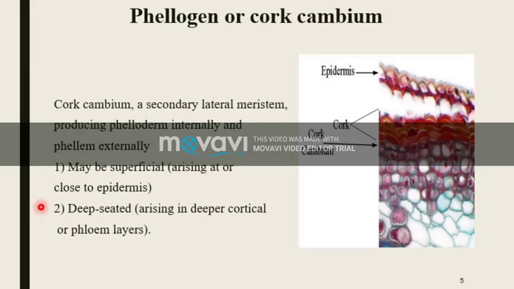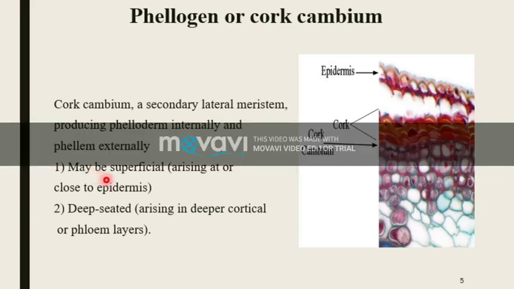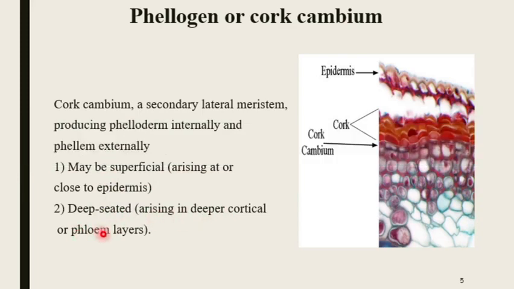Phellogen or cork cambium. Cork cambium, a secondary lateral meristem producing phelloderm internally and phellem externally, may be superficial, arising at or close to the epidermis, or deep-seated, arising in deeper cortical or phloem layers. Basically, phellogen is meristematic in nature.